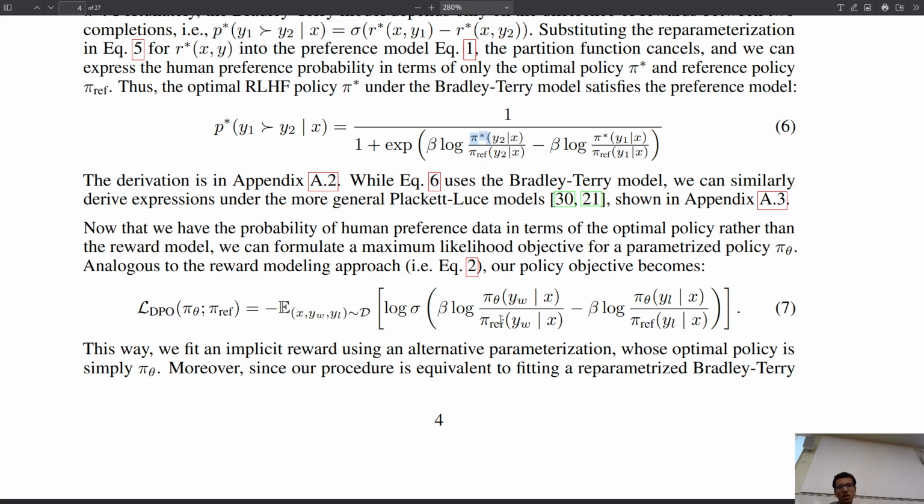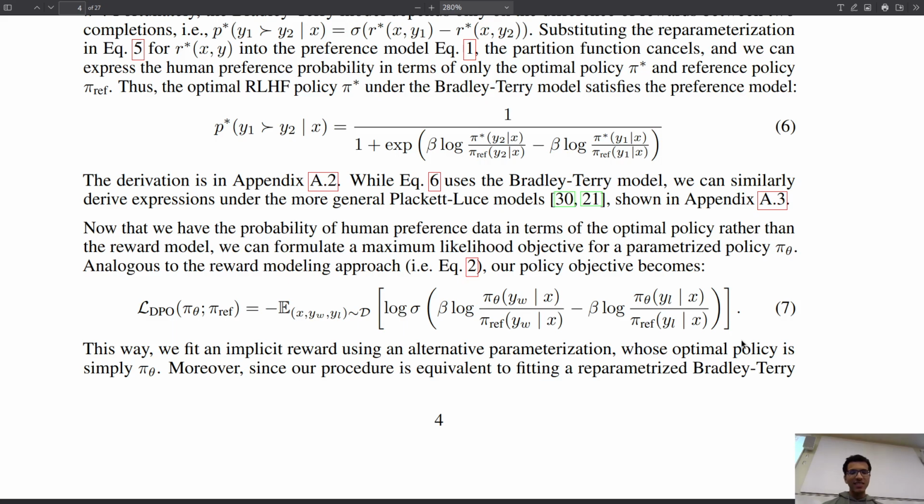We have the reward function that is implicit within pi theta, and that is represented as this final loss. Does that make sense? I'm trying to convince myself beyond just convincing you, but yeah.